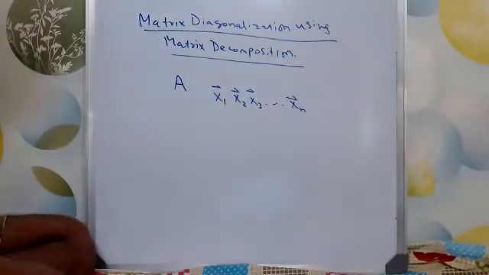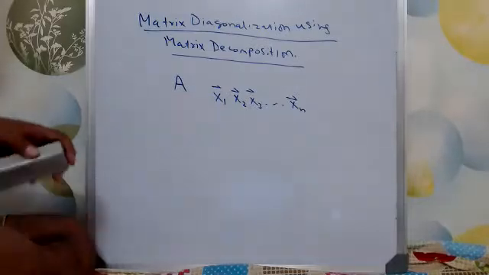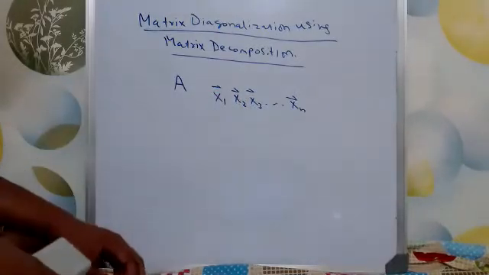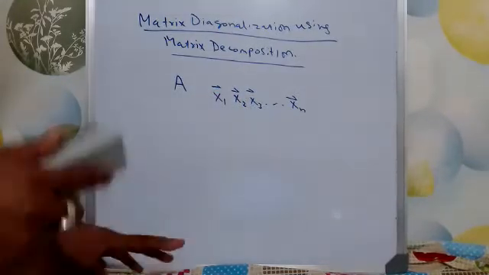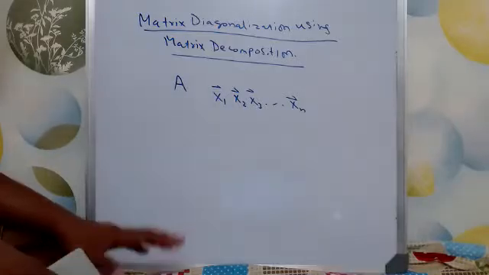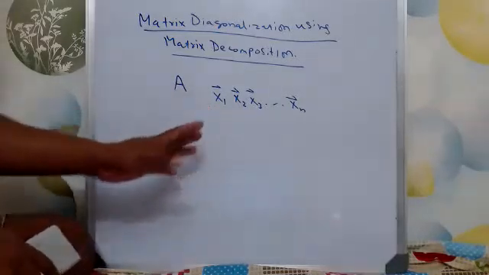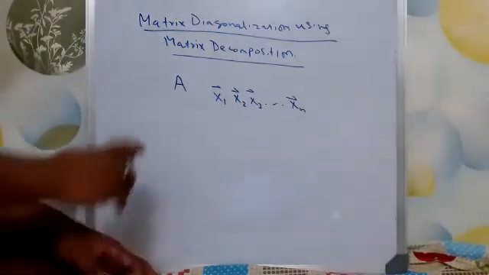Okay, so these are independent eigenvectors. You remember what is independent and dependent. That means no eigenvector is a linear combination of the other eigenvectors. So there is a matrix A and the matrix A has n eigenvectors.